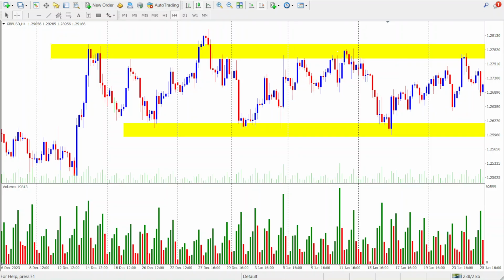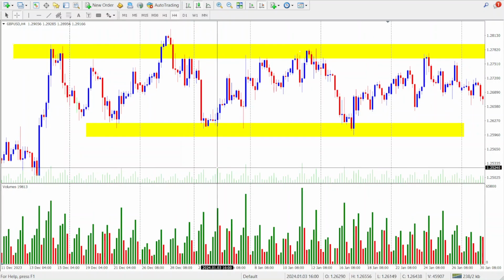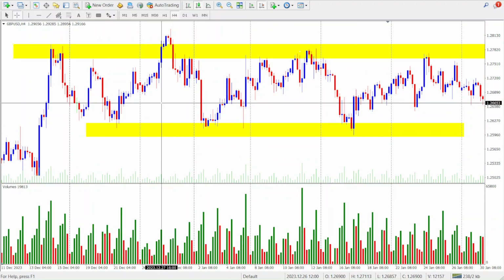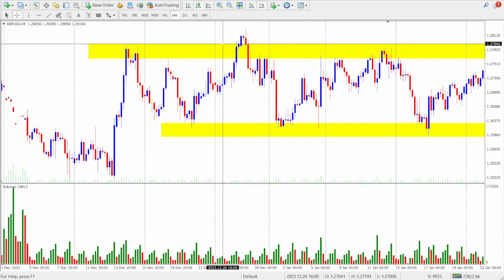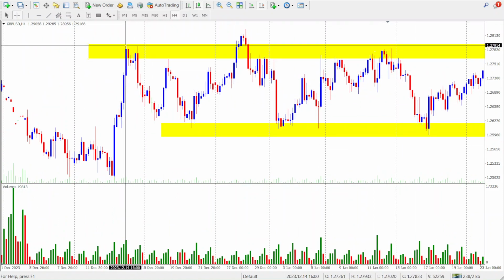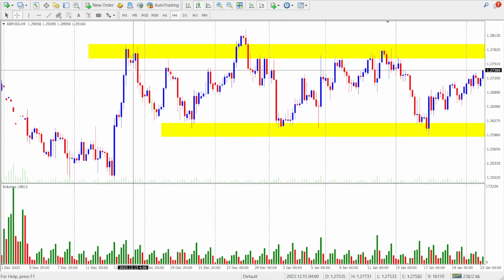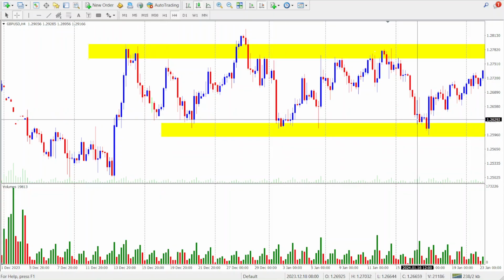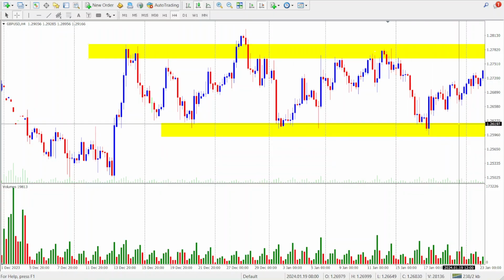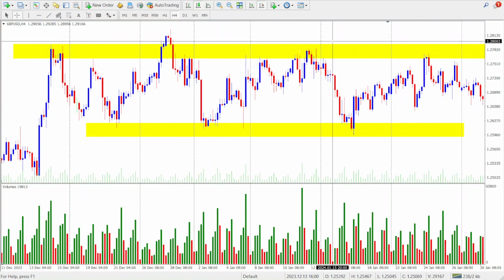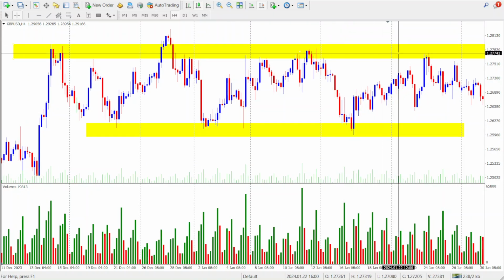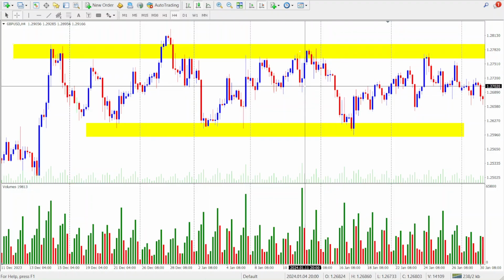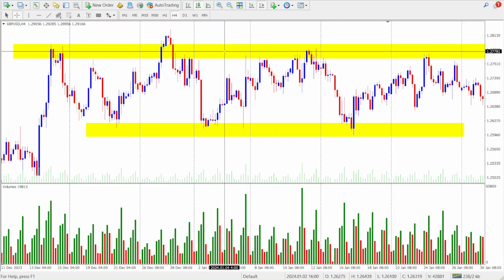Now let us summarize the key points. First of all, when you want to identify your zones, look for strong moves away from a level. Then you mark the base of the move as your zone. Then you use multiple time frame confirmation.